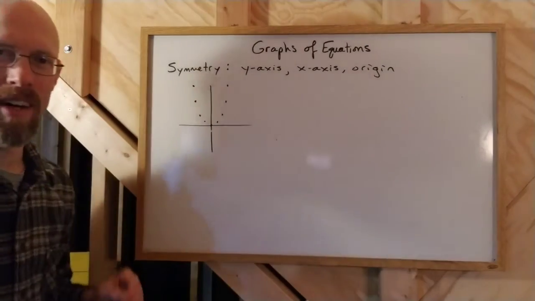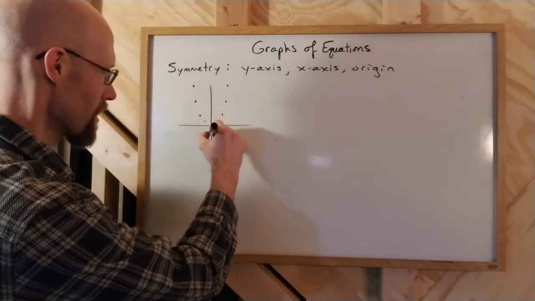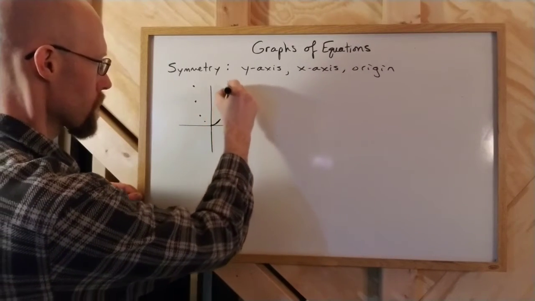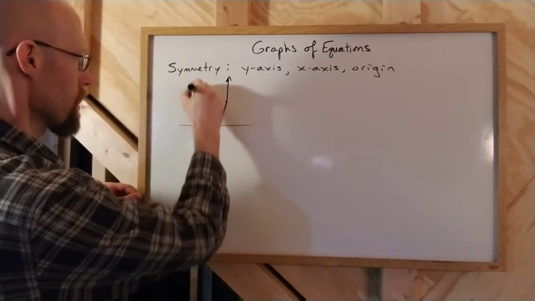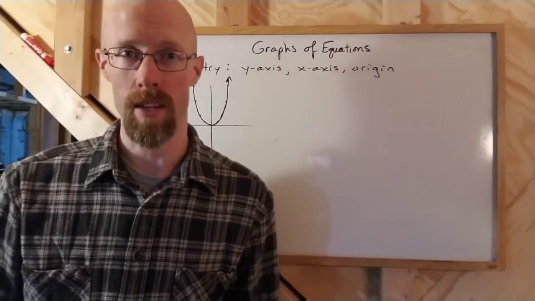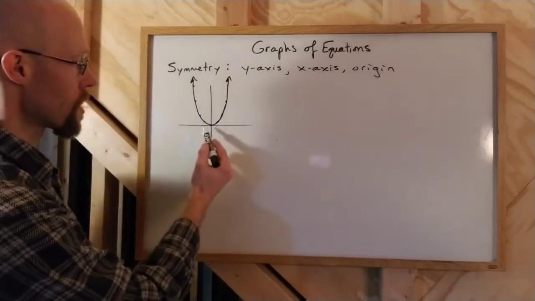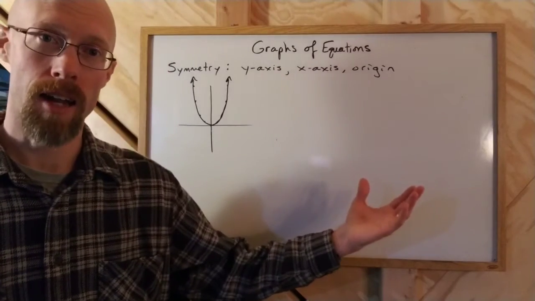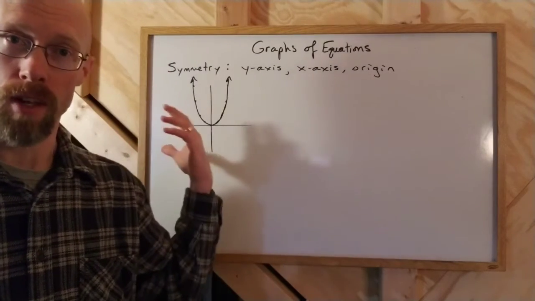Something like that. Anyway, terrible drawing. And so I can connect these, and you get the curve going up to the right, and you get the curve going up to the left, and you have this y-axis symmetry. You can kind of see it's the same on each side of the axis. But I don't have to plug in all the negative values for x because I just used what I had on the positive side and reflected it across.